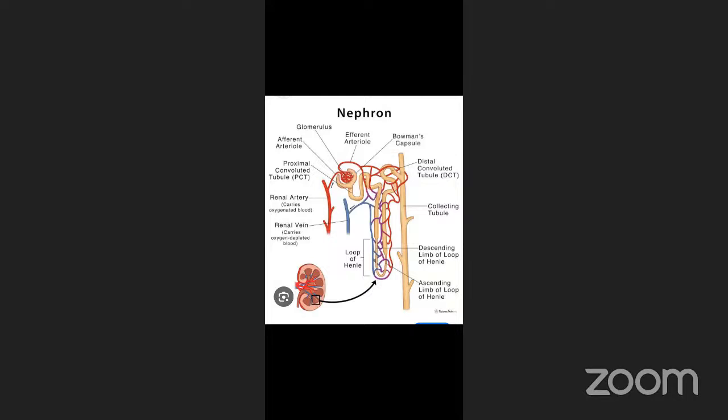So I was insisting that please use proper description. For example, you say the cells lining the tubule have microvilli. Do not say that the tubule contains microvilli, but say that the cells lining the tubule have microvilli to increase surface area for absorption.